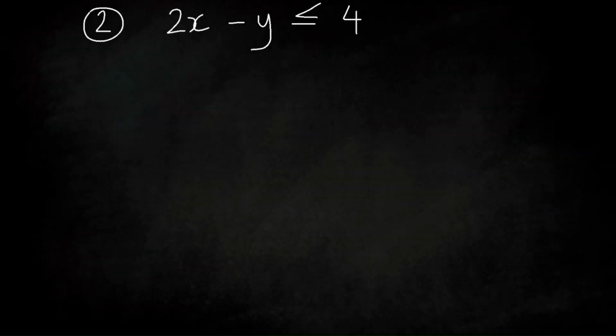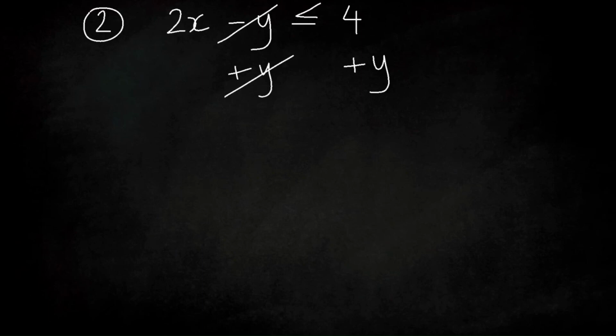In this example, I want the y to be a positive y, so I will first add y to both sides. Then we have 2x is less than or equal to 4 plus y. Then I want to isolate y, so let's minus 4 from both sides.